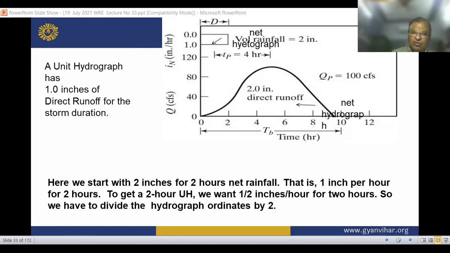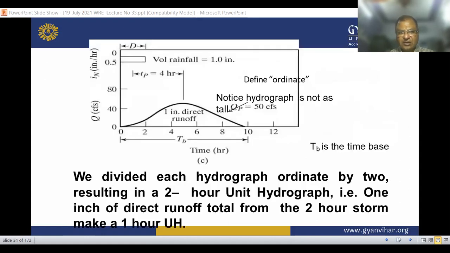To get a 2-hour UH, we want 1 inch divided by 2 hours, so we have to divide the hydrograph ordinates. We divide each hydrograph ordinate by 2, resulting in a 2-hour unit hydrograph, that is 1 inch of direct runoff total from the 2-hour storm.